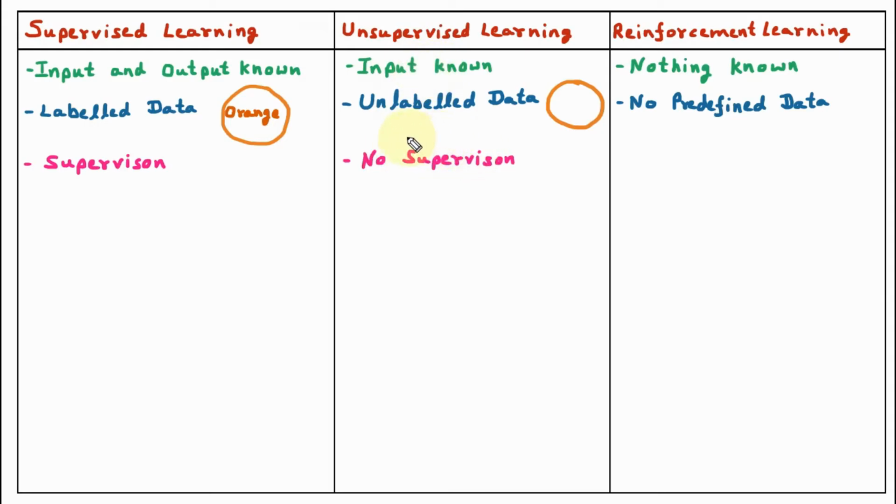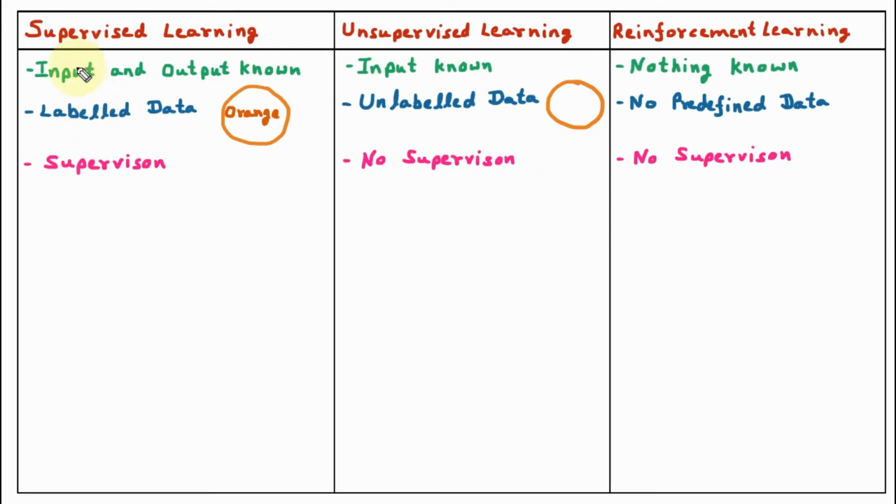So here no trainer is available. Also in reinforcement learning, there is no supervision. In unsupervised learning and reinforcement learning, we don't have an idea about the output. So supervision is not required because we don't know where to go. So a trainer is not required.